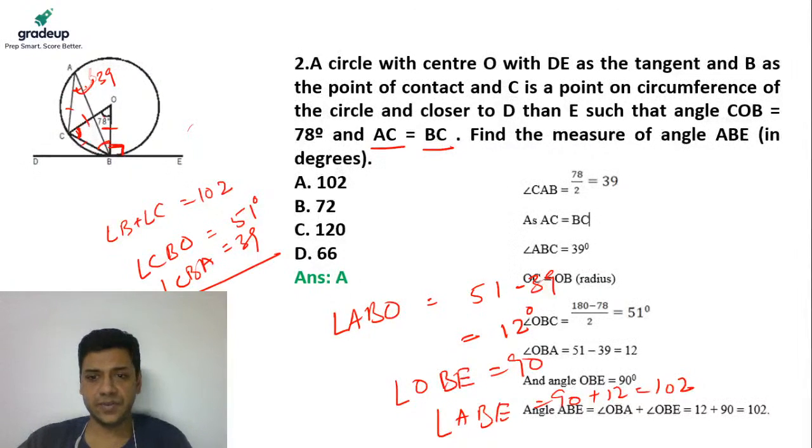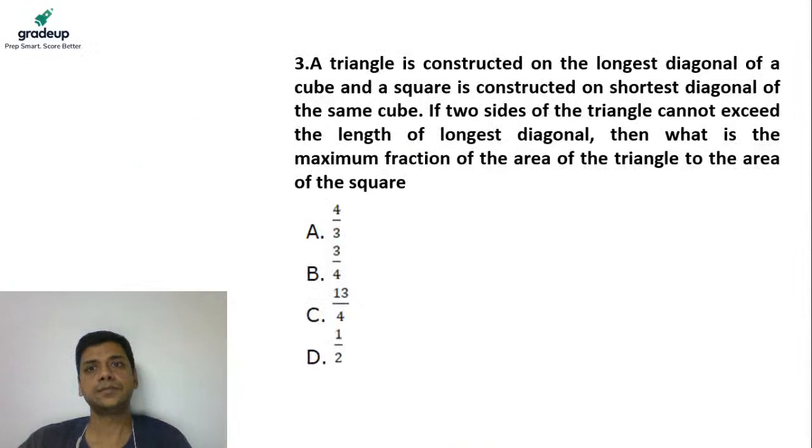Okay, moving to the next one. There is a triangle which is constructed on the longest diagonal of a cube, and then there is a square which is constructed on the shortest diagonal of the same cube. Now, what is the longest diagonal of a cube?